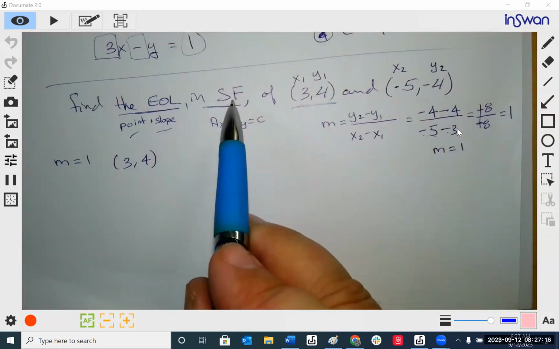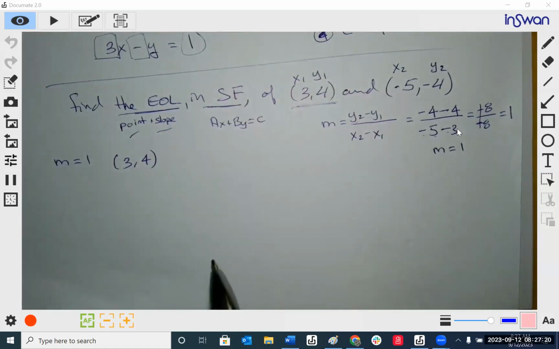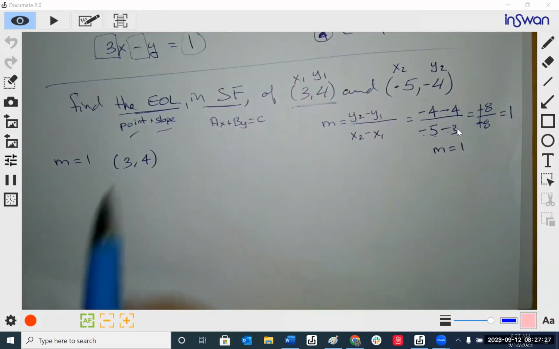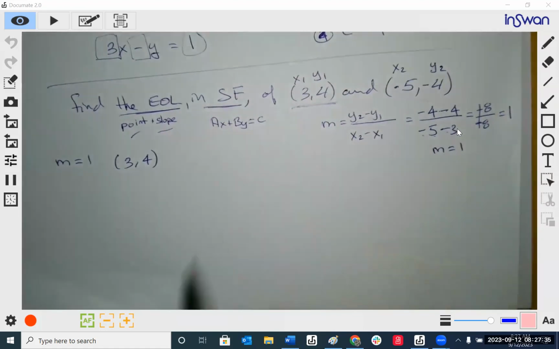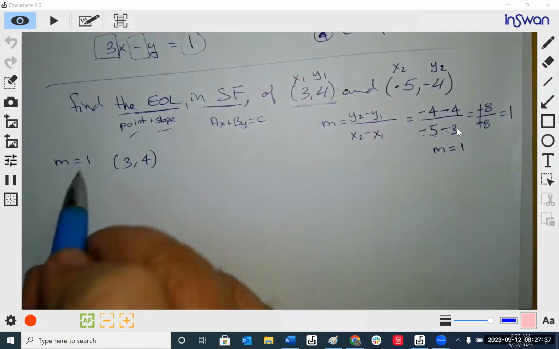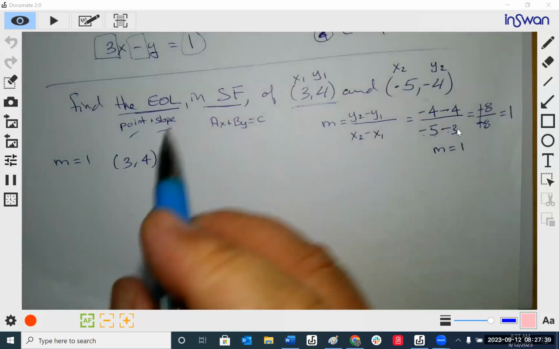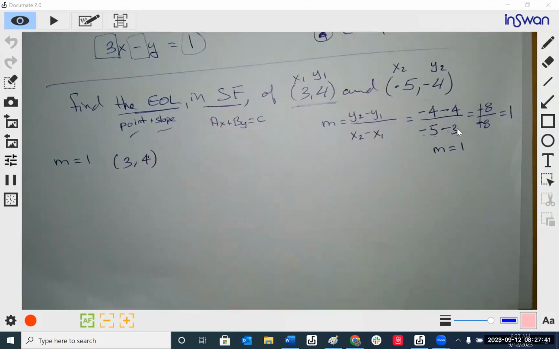How do I get it to standard form? From what equation? Because all you're given is a slope and a point right now. So right now, what would be the easiest form to put it in? The easiest would be slope intercept. Because you have, I mean, yeah, point slope. Yeah, because you have a point and you have slope. So put it in point slope form.